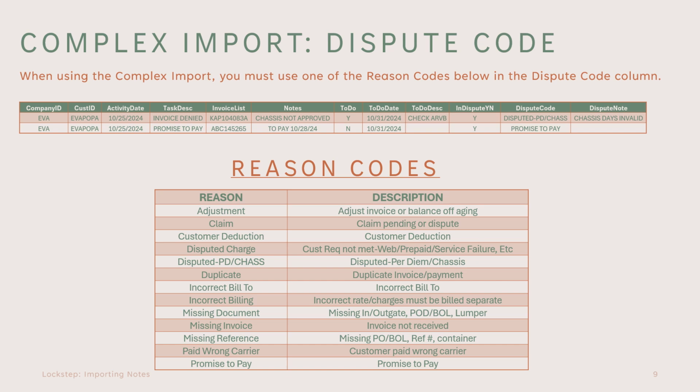Doing so will stop your customer from receiving those automated emails requesting payment. We don't want to keep nagging our customers about balances due if they've already told us why they're not paying.